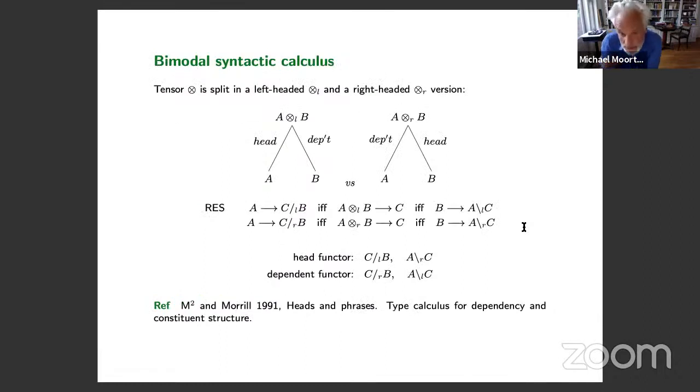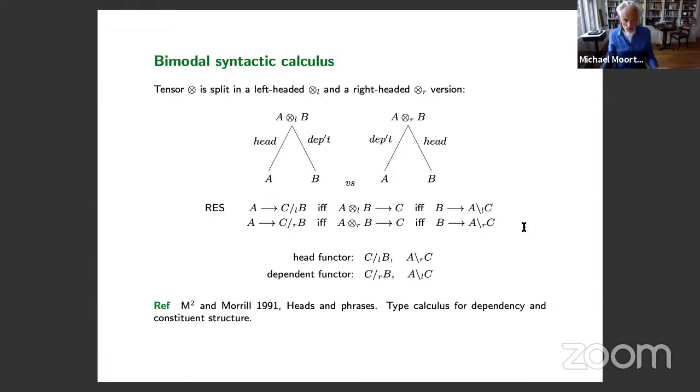Now, this problem has been discussed before in categorial literature, actually, in a very old paper that was never published, which I did with Glyn Morrill. And our idea there was, why don't we take the Lambek tensor and split it into a left-headed versus a right-headed version? So the left-headed version has the distinguished daughter, if you wish, on the left, and the right-headed version on the right.